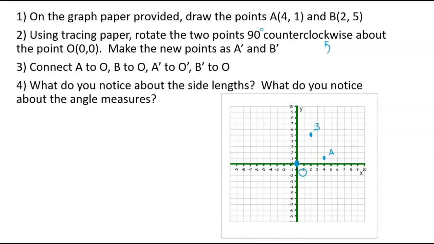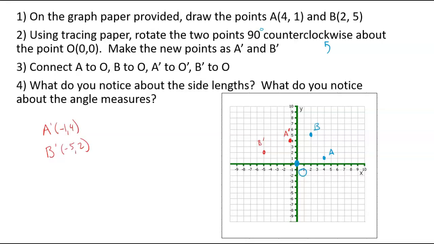You're going to make two new points: A prime at (-1, 4), and B prime at (-5, 2).